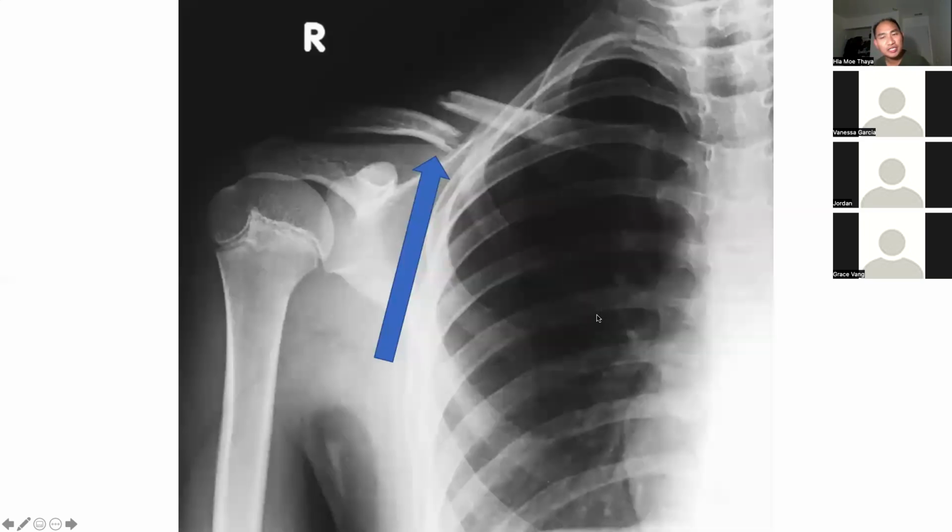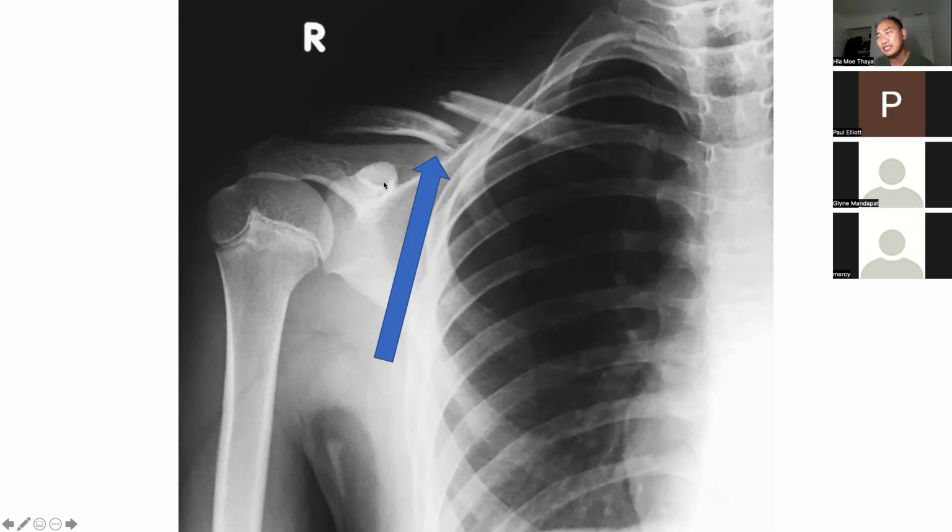So now if I show you this diagram, if I show you this X-ray, I want you to tell me which bone is broken. The broken site has been shown with the arrow. So this is a broken clavicle, because you know that this is the glenohumeral joint, this is the humerus, this is the glenoid.